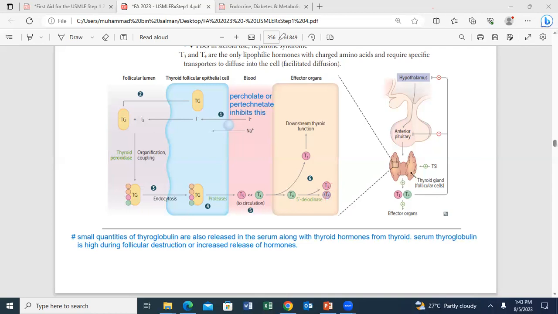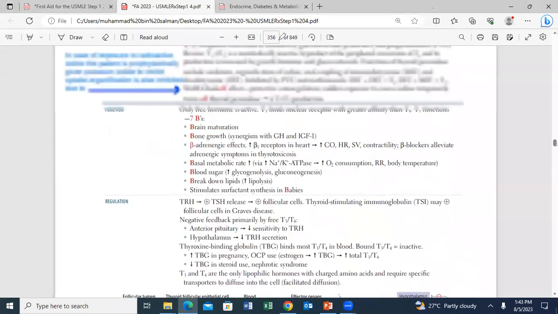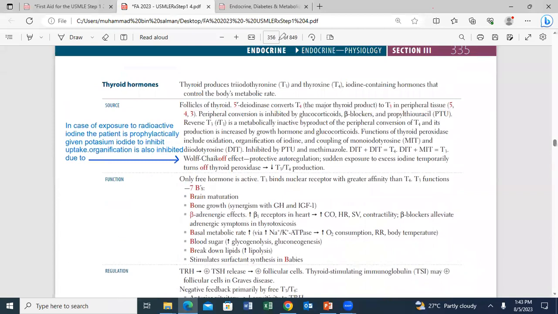All right, now I think we can have a look at the theory. We have discussed it quite thoroughly. What they are saying in the theory is that thyroid hormone is mainly produced inside the follicles, and deiodinase converts T4, which is the major production, into T3, which is the major potent hormone.